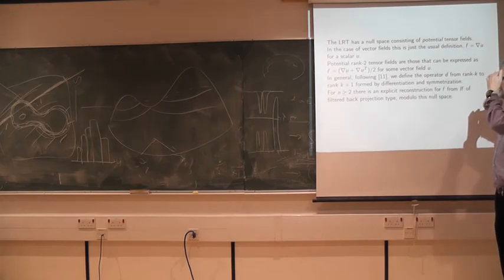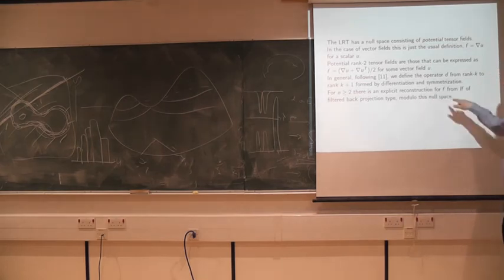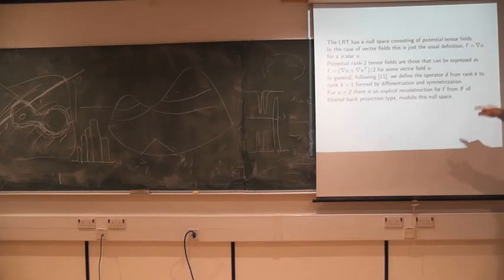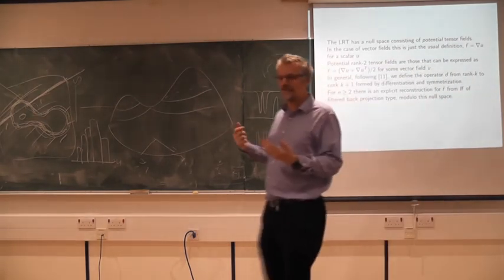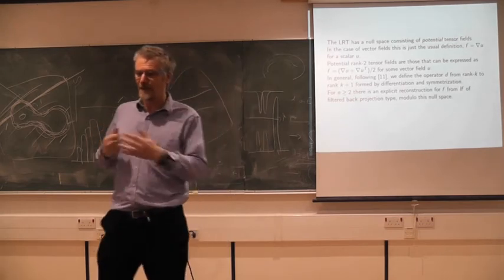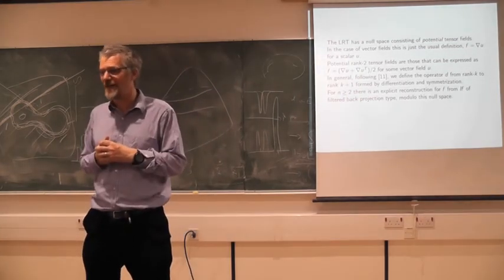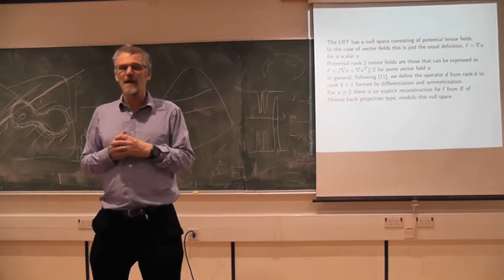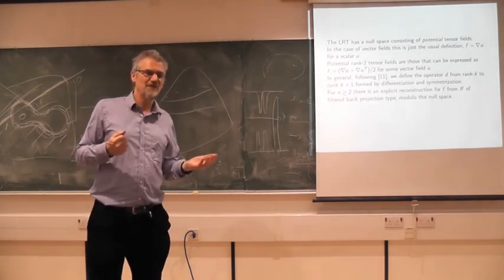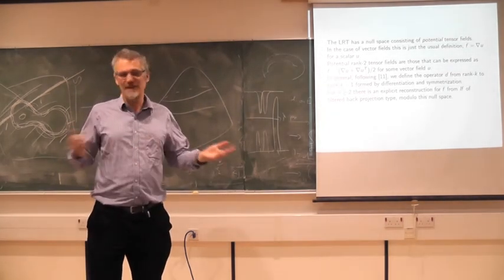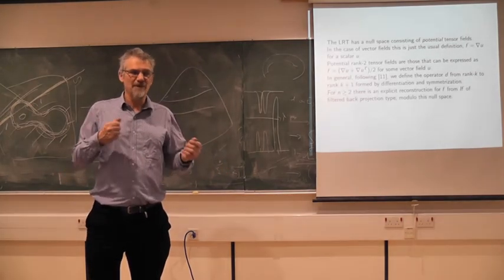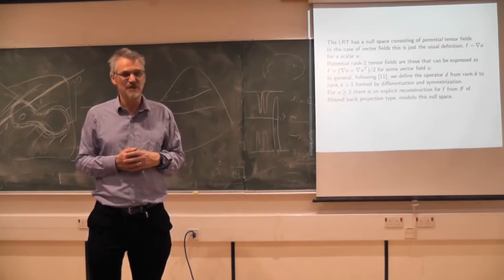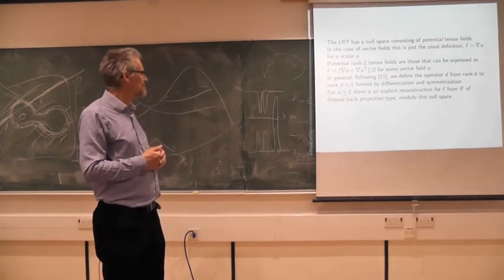And the nice thing is that there's a reconstruction formula for the LRT. And it's really just a kind of filtered back projection, just as you get in scalar tomography problems. It looks rather like the inverse Radon transform. But, of course, it reconstructs it up to not knowing the bit that you can't know. So it reconstructs it up to a potential field, just the kind of curl part.